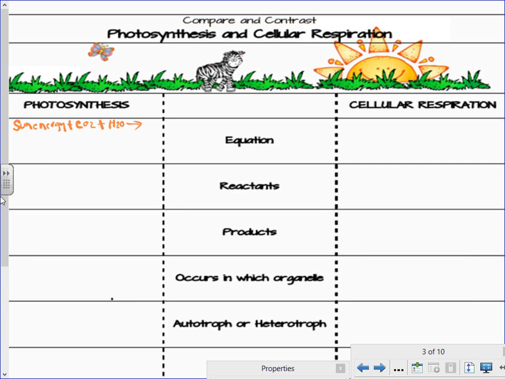What's that arrow mean? It changes. Okay, so it needs all of those things to make sugar. Okay, go ahead. Sugar's also called glucose, and the formula for it is? O2. Well, that's not sugar. What's O2? Oxygen. It does make oxygen and sugar.